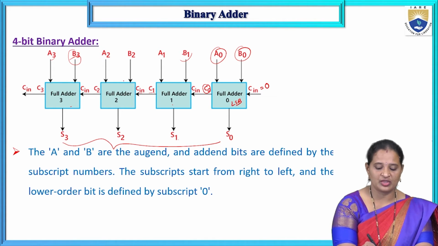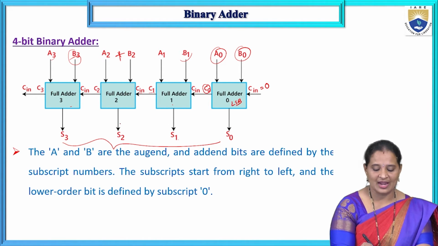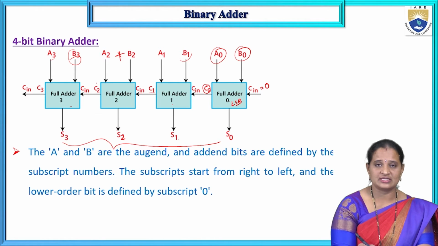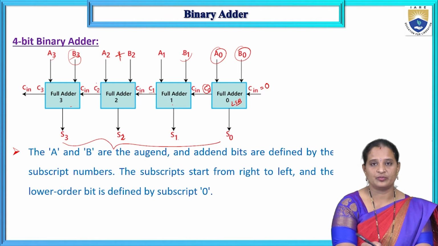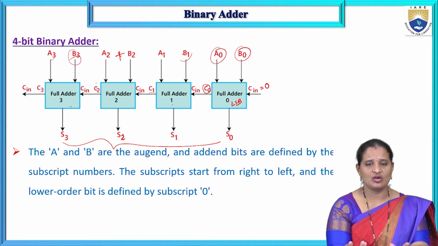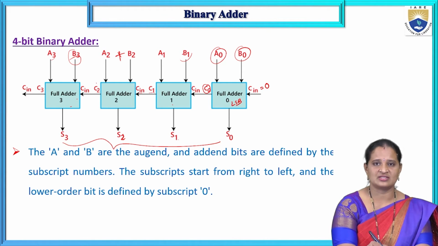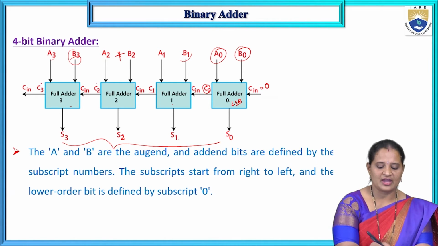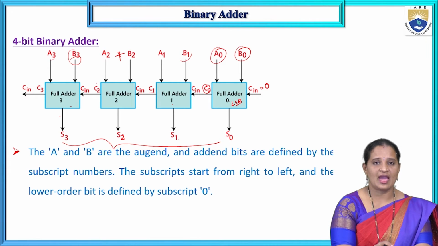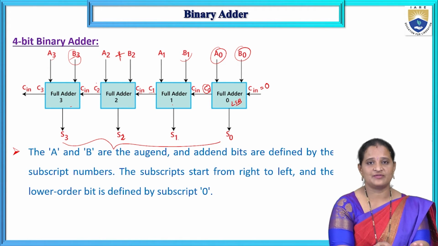The carry C1 is given as carry input to the next full adder, which performs the addition of A2 plus B2 and C1, and produces 2 outputs, sum S2 and carry C2. The carry may be either 1 or 0. It will be forwarded to the next section. Finally, we take the carry output from the last full adder.